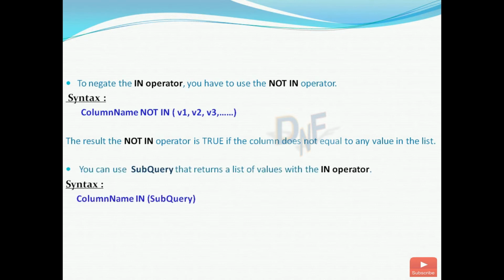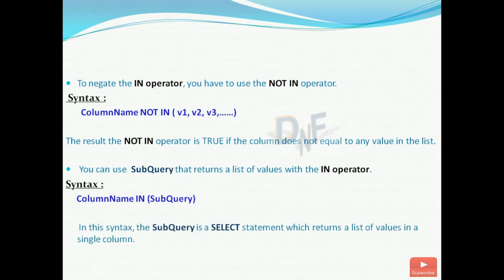You can use a subquery that returns a list of values with the IN operator. Similar syntax, we write the column name or expression and put the subquery in parentheses.